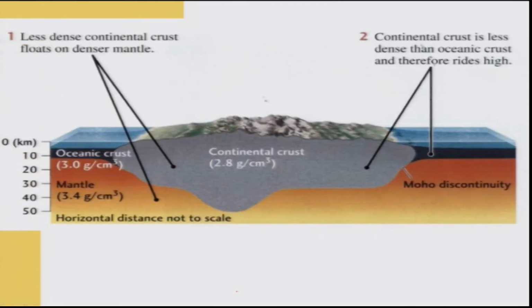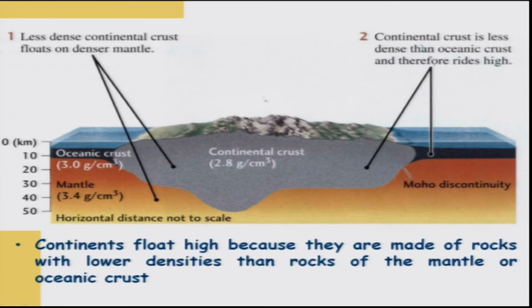Similarly, if we take the oceanic crust and the continental crust, the oceanic crusts are heavier and not so deeply rooted. The continental crust is less dense than the oceanic crust, therefore it rises higher. Continental crust floats high because it is made up of rocks with lower densities, so it floats higher as compared to the oceanic crust.